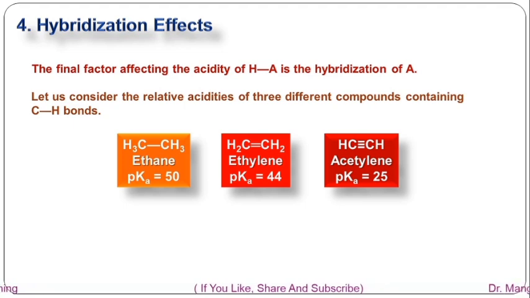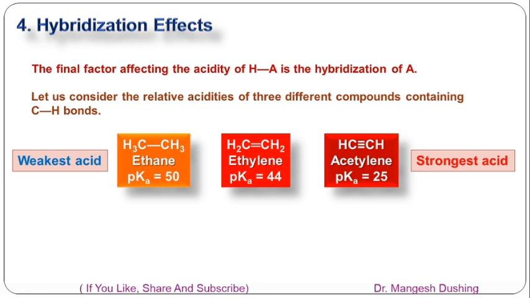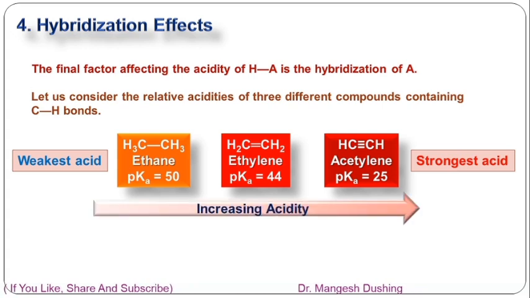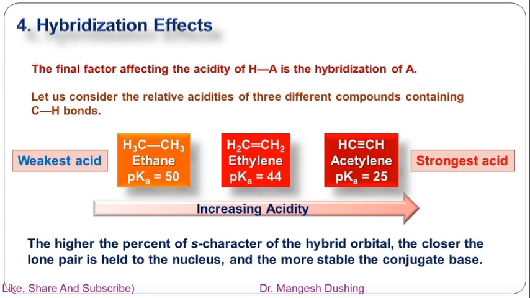The pKa value for ethane is 50, for ethylene it is 44, for acetylene it is 25. So lower pKa value means stronger acid. So acetylene is the strongest acid, while ethane is the weakest acid among these three. So acidity from left to right goes on increasing.